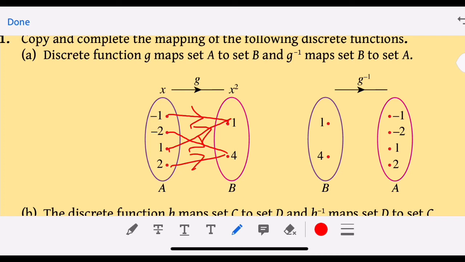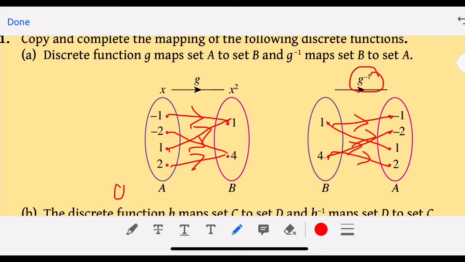So this is g and its inverse. If you inverse back, 1 will have 2 images and 4 will have 2 images.